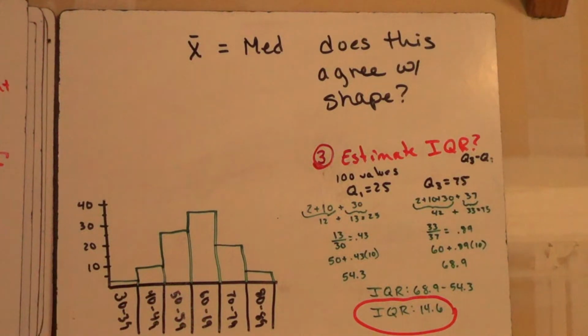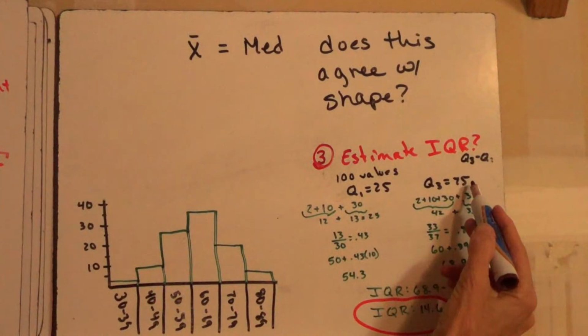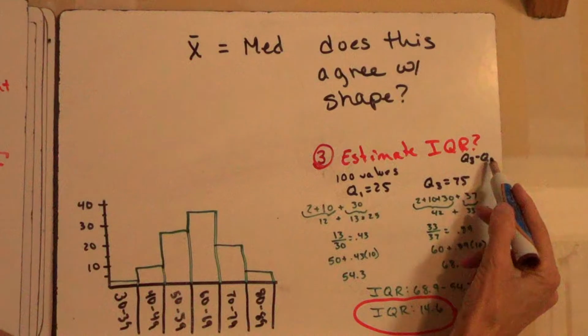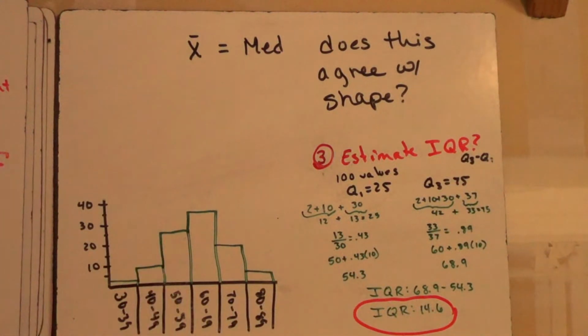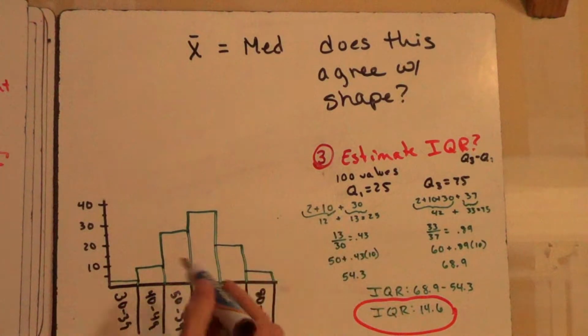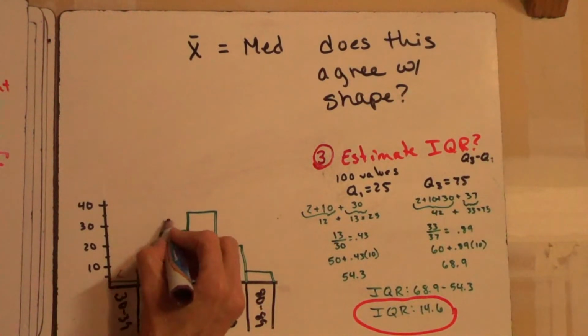Okay, now, mean and median, does this agree with the shape? Yes, we've established that. Now it says estimate the IQR. Well, if we have 100 values, we know that the first quarter is at 25 and the third quarter is at 75. To get our IQR, we take the third quarter minus the first quarter. So again, we do just like we did on the mean. Watch this if you were confused on it. What I do is I take my values. There was 2, 10, and 30.